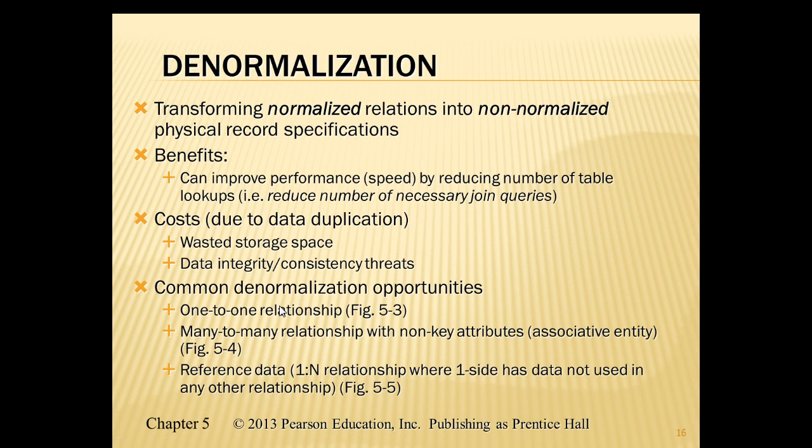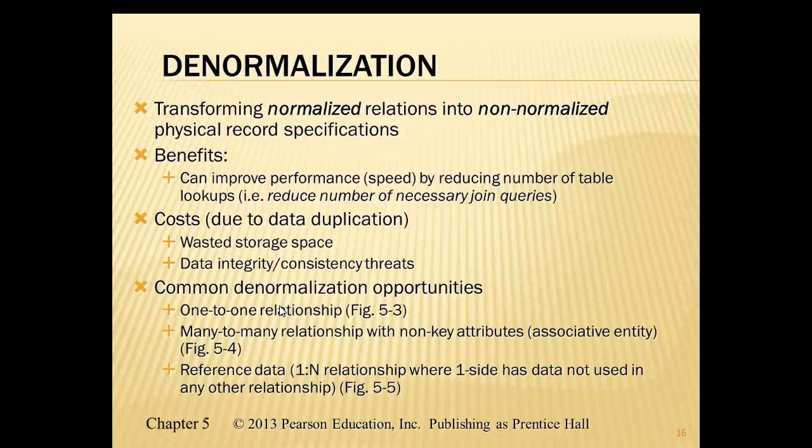And once again, we're getting into denormalization. So after all the time and effort that we put into our relations in the previous chapter to make sure that they were at third normal form, it might be necessary to kind of back those up a little bit and start jamming the relations back together again.